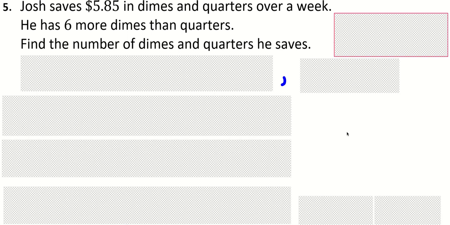Let me give you a little bit of a peek. One of the equations I could write, the main equation, is going to be about how this all equals the $5.85.